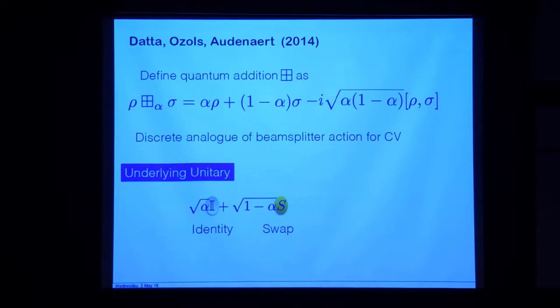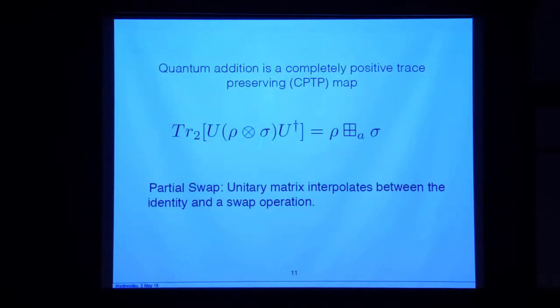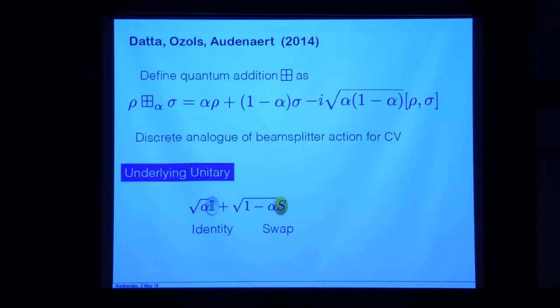And what is this U? This U is essentially a partial swap operation, because that unitary operator interpolates between the identity and the swap operation, as you can see here.